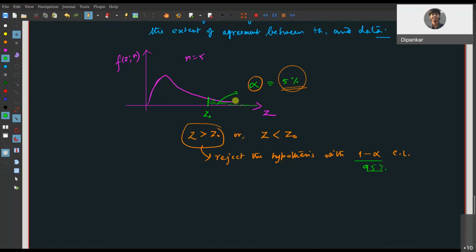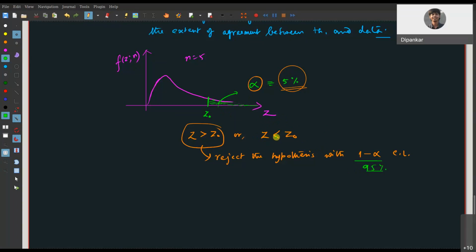Remember, the smaller the alpha, the more confident you want to be. That essentially means you have to allow for more errors in the experiment so that you can be more confident about the statement. And if z is less than z0, then you do not reject the hypothesis. You do not say I accept the hypothesis.